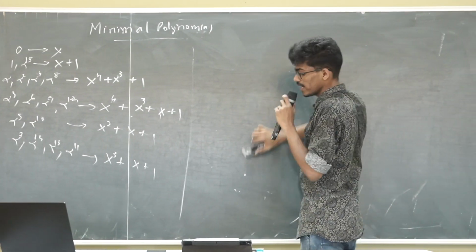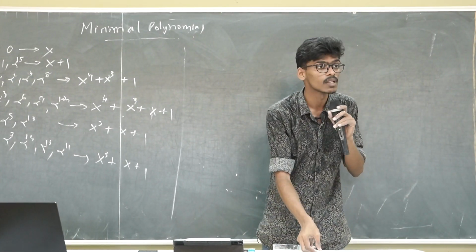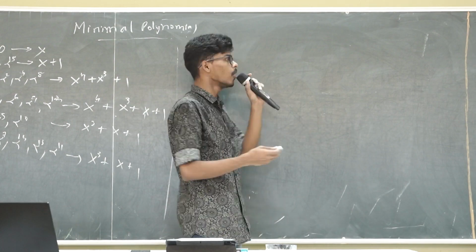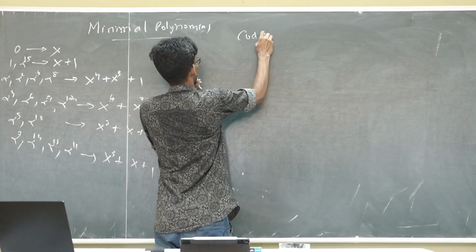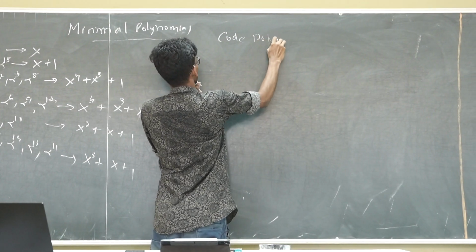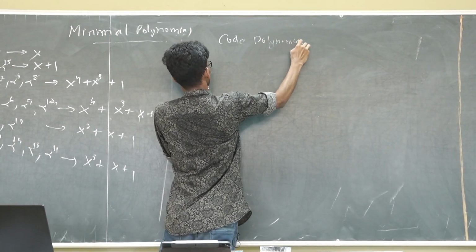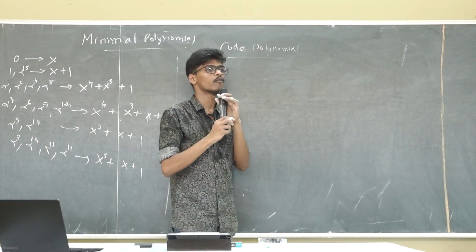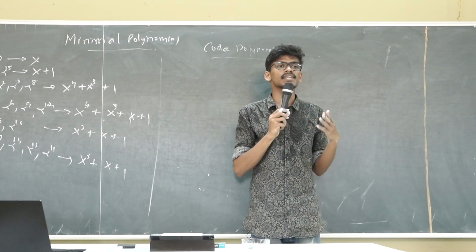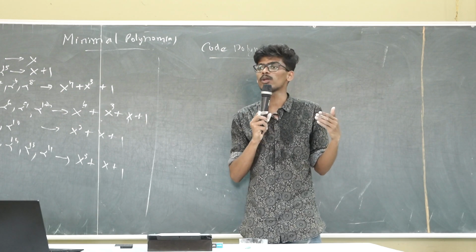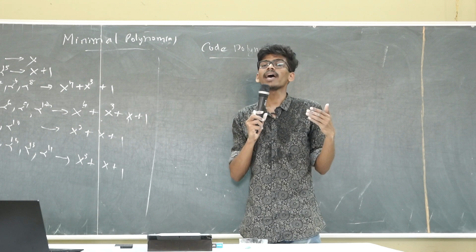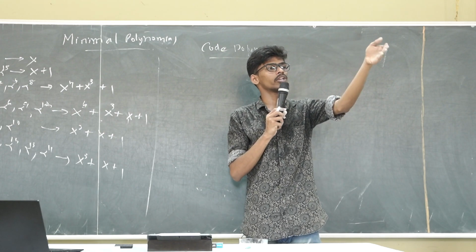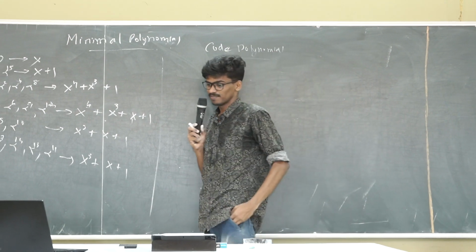Then we will be finding out the next aim, which is the code polynomial. One more thing is there. For BCH, I told that it is defined over GF of 2 to the power m. M should be greater than or equal to 3. Why is that so?